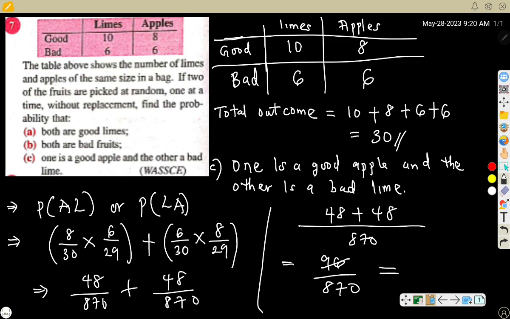So 96 divided by 6 is 16, and 870 divided by 6 is 145. So the final answer is 16 over 145. So we have solved the question.